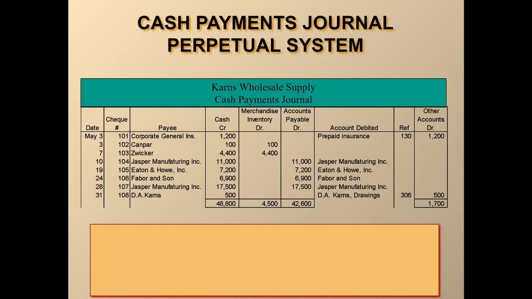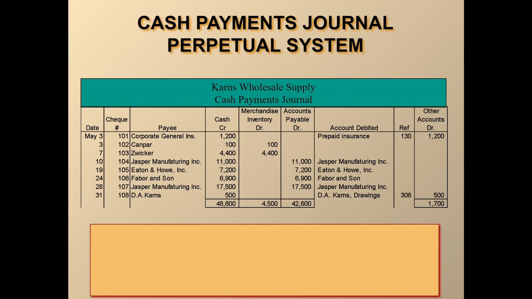The top one there is slightly different, being the prepaid insurance, like getting a prepaid asset on board. And then the last one there is how the drawings would go. The drawings go into the cash payments journal. Before we had seen the investment of money; this is the taking out of funds for private use.